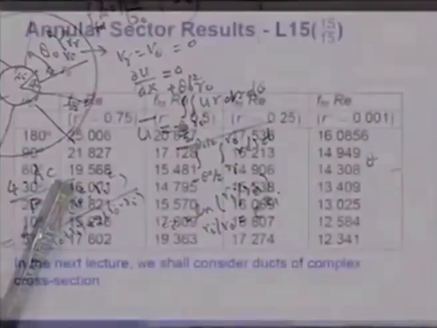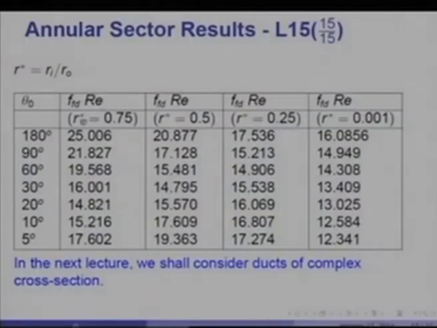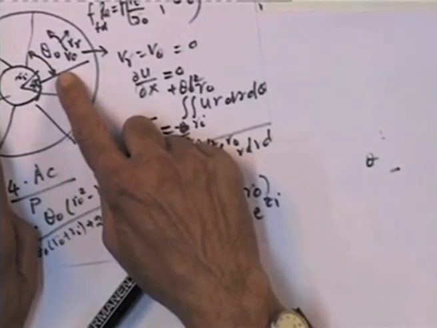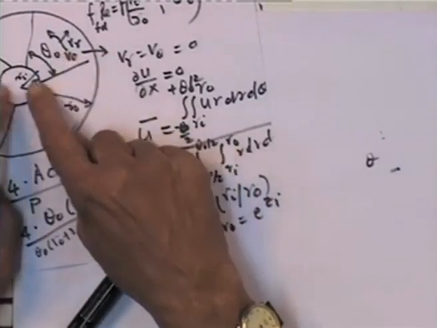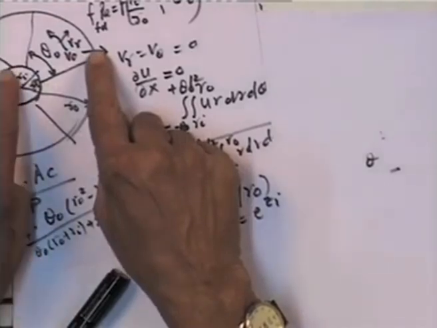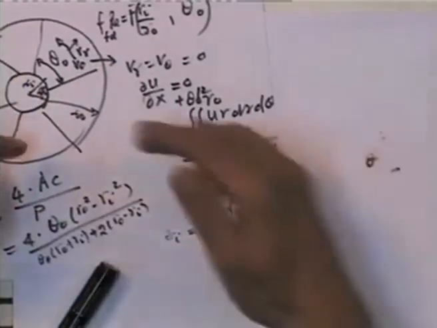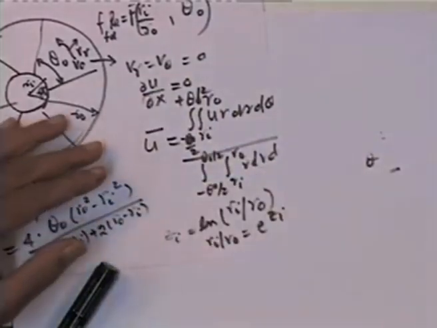Here are the evaluations for a few values of radius ratio Ri by Ro equal to 0.75, 0.5, 0.25 and 0.0001, which is a very small value of course. Theta naught equal to 180 degrees will give you a semicircular duct. As you can see here, 90 degrees would give you that kind of a duct, and so on and so forth, coming down to a very narrow angle of 5 degrees.